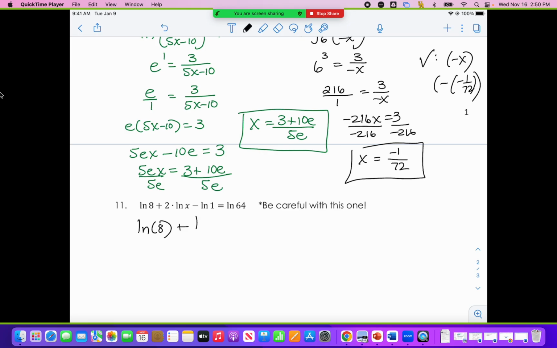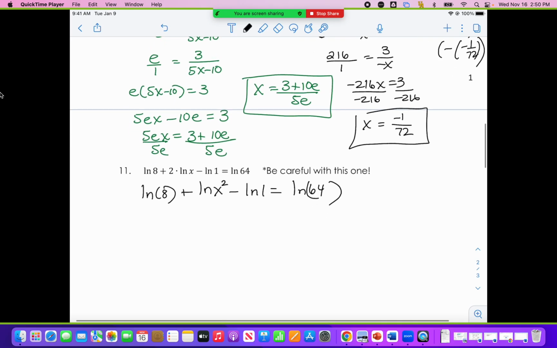All right, so when you have a number out front, we're going to pull the power up. So the only thing I'm doing in my first row here is I'm pulling the 2 up. Then I have the product property.